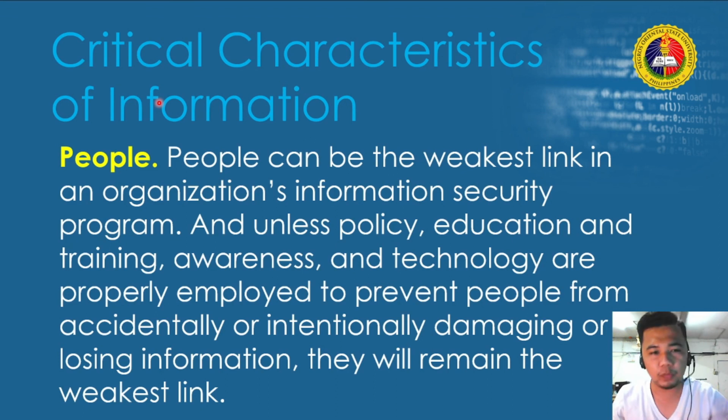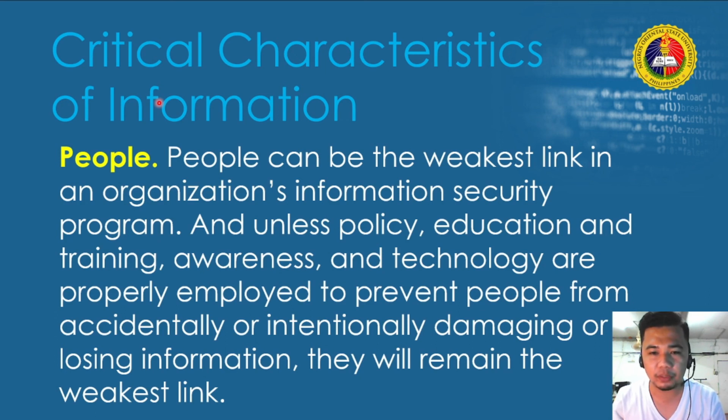So one of the ways we can protect the information system is to provide device policies, education and training, awareness, and then perhaps use technologies that will help us against committing human errors that can cause information breaches or damage information.